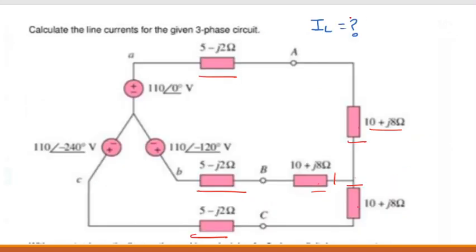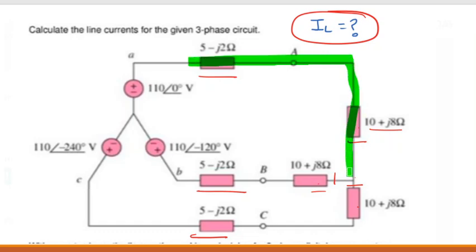In this case, we need to calculate the line current. If you see this and this, they are in series. Similarly, this and this, they are in series. This and this, they are in series. Yes or no? So in this case, this is a balanced case and we need to calculate IL.